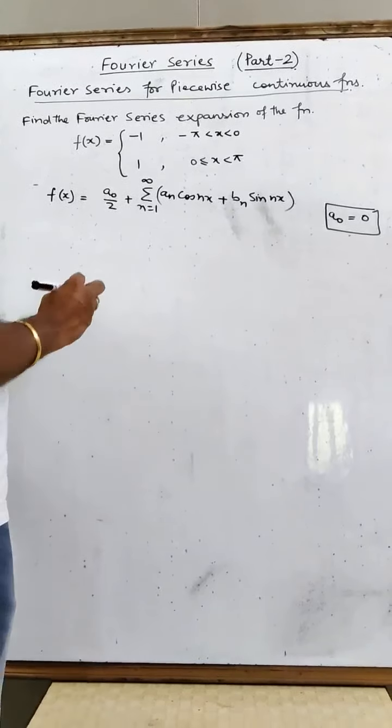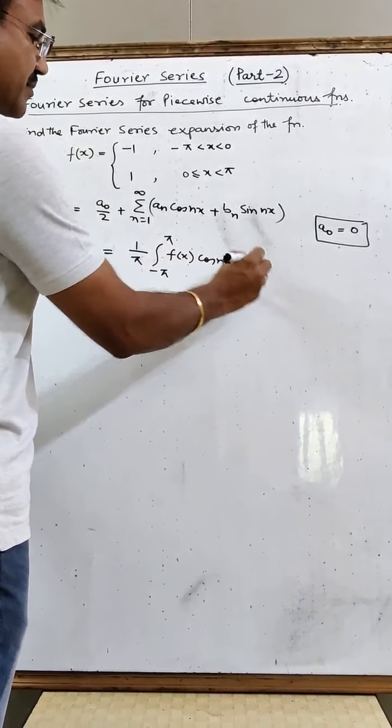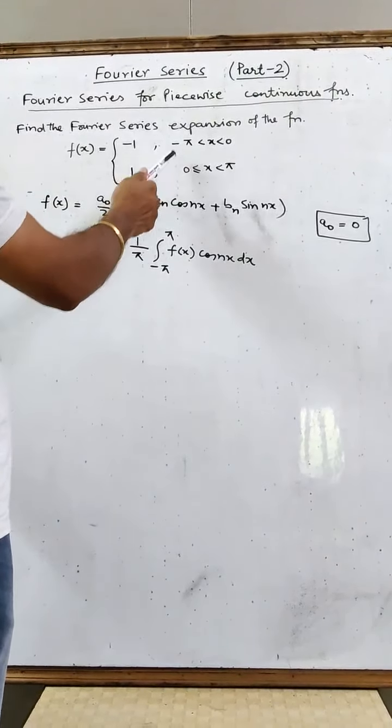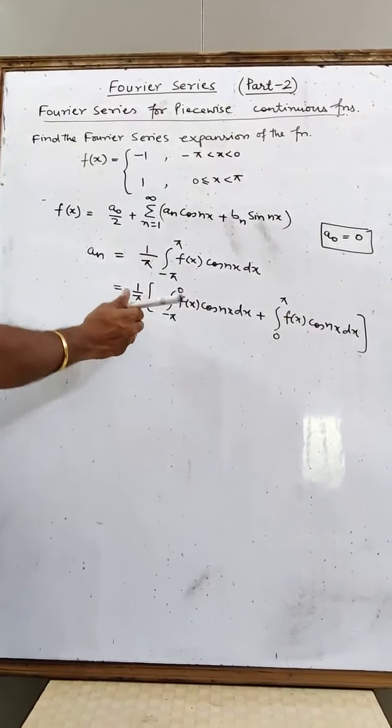Now we will find an. An is 1 over pi integral from minus pi to pi f(x) cos nx dx, and again we will divide our integral in two parts, and that would be 1 over pi integral minus pi to 0 f(x) cos nx dx. The second would be from 0 to pi f(x) cos nx dx, and now we will put the limits.